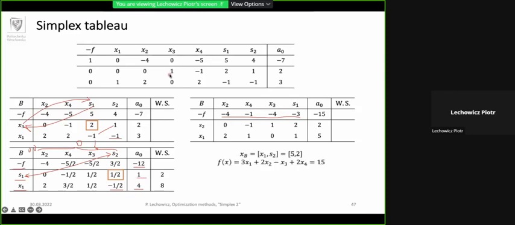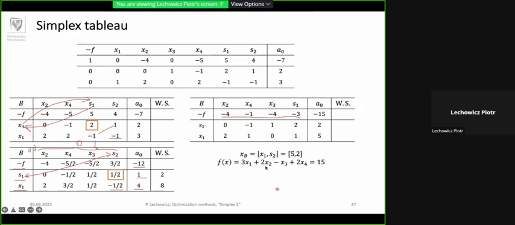And if we look at the values here, we can see that our base is equal to x1 and s2. This is our base. x1 is equal to 5, s2 is equal to 2, and this is our objective function.